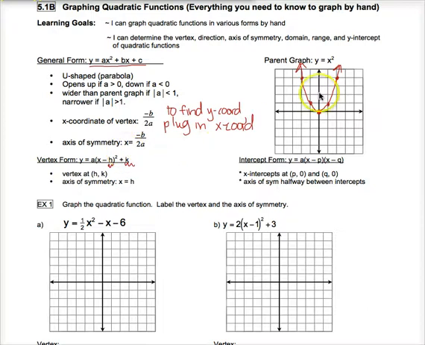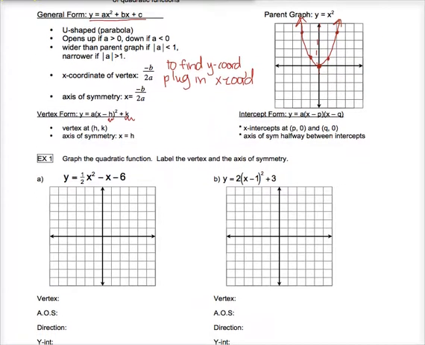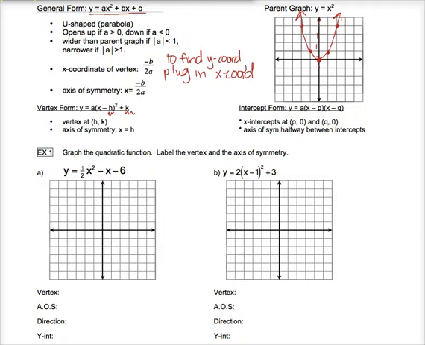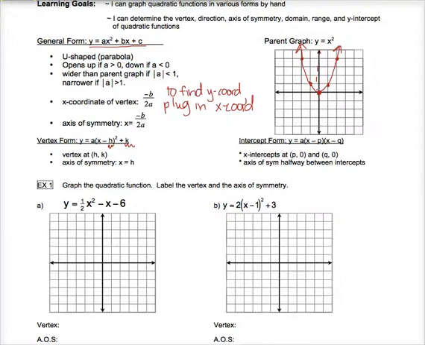Axis of symmetry, going down the center, it always goes through the x-coordinate of the vertex. So whenever you find that x-coordinate of the vertex, just make it an x equals line to get your axis of symmetry. So we are going to go ahead and look at being able to graph the function and labeling the vertex and axis of symmetry, filling in all the information that is appropriate.